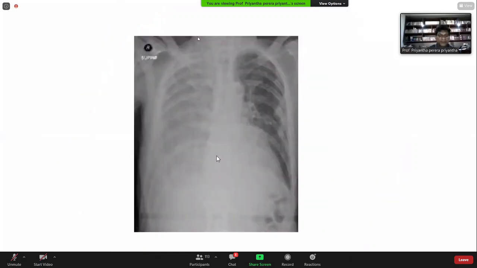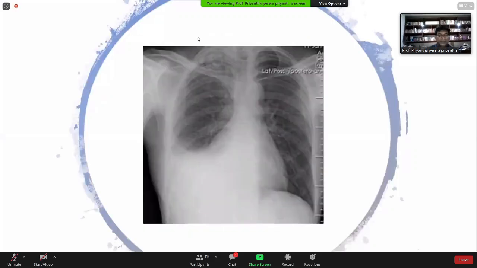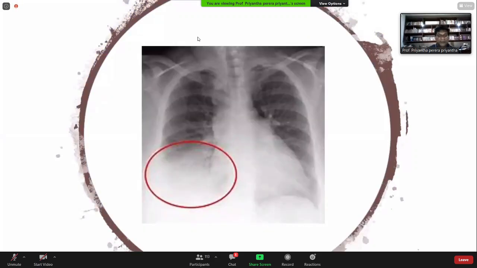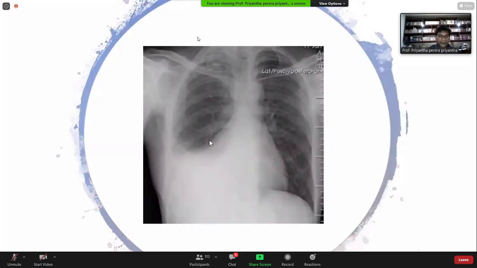Here you can see the difference between this one and this one. Now here, the shadow is more diffuse and the margin is ill-defined and flat like that, right? Not going up like that. In this one, you can see a clear margin going up like that. I mean, a meniscus is formed. This is the fluid, right? This is pleural effusion.